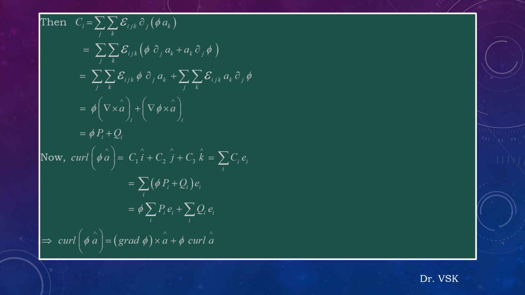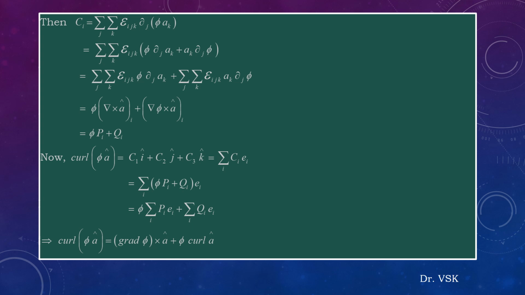As a whole, we obtain Ci equals phi times the ith component of curl a cap plus the ith component of grad phi cross a cap. Put p suffix i equals the ith component of curl a cap and q suffix i equals the ith component of grad phi cross a cap.